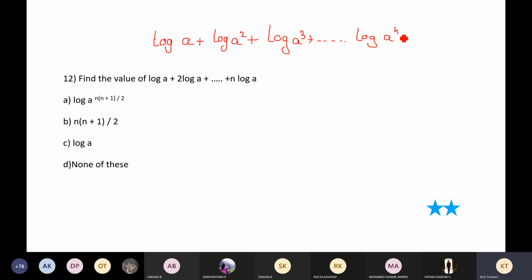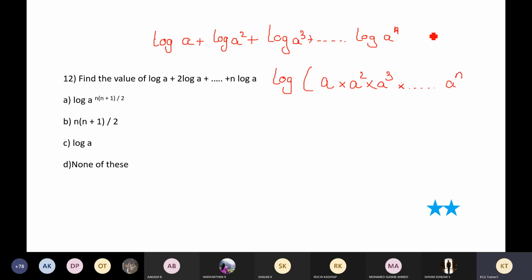Okay. Excellent, guys. Now, if it goes on like this, log of A plus log of A square plus log of A cube, I can take this as log of A into A square into A cube till A power n.